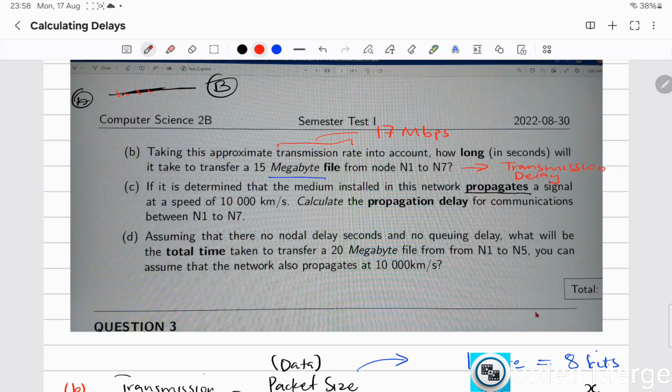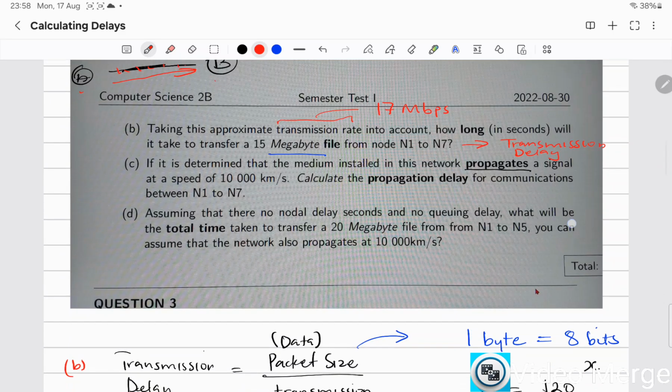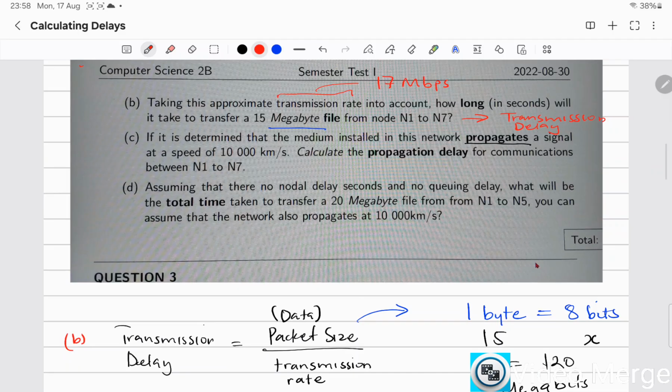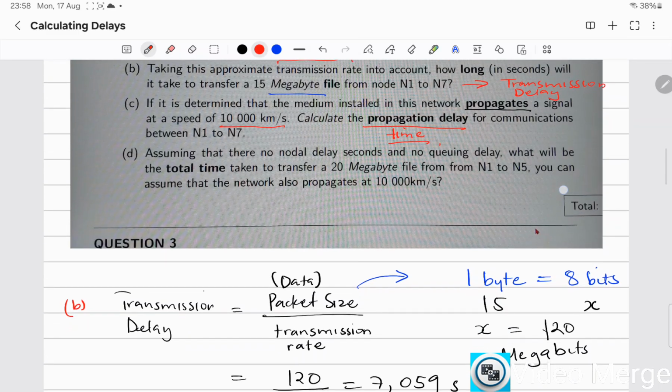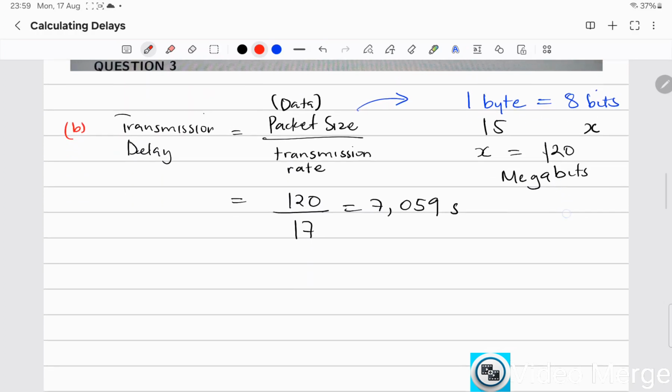So propagation refers to the effort to push this packet from A to B. That's what we refer to as propagation. It says this network propagates a signal at a speed of 100 kilometers per second. Calculate the propagation delay. Propagation delay refers to time.